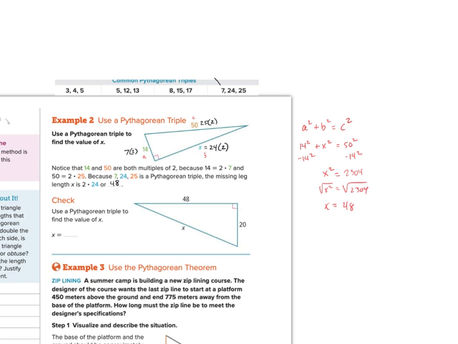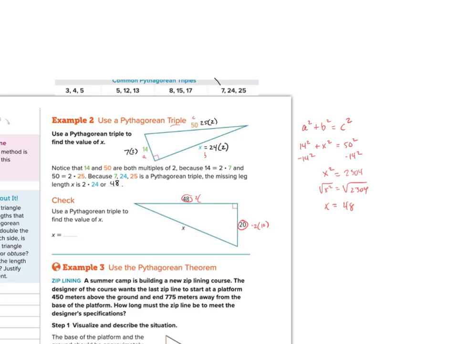So again, if you don't recognize a triple, you can still use the Pythagorean theorem, and if it comes out to that integer whole number, then we know that it is a triple. So here I could do the same thing. Maybe we recognize that this is, gosh, 20 and 48. That could be 2 times 10.